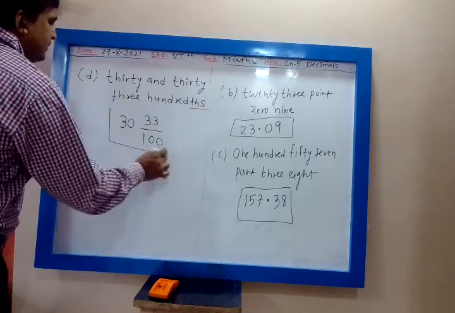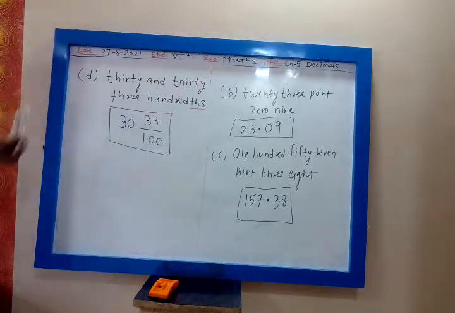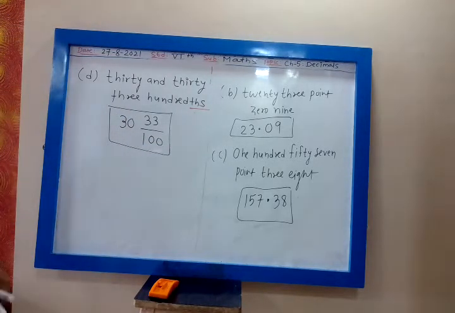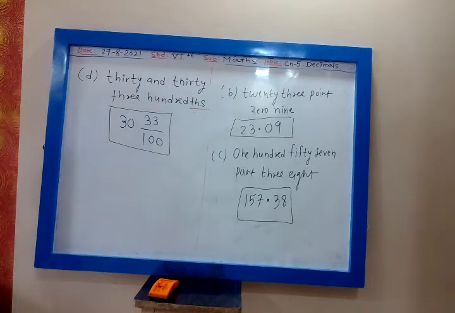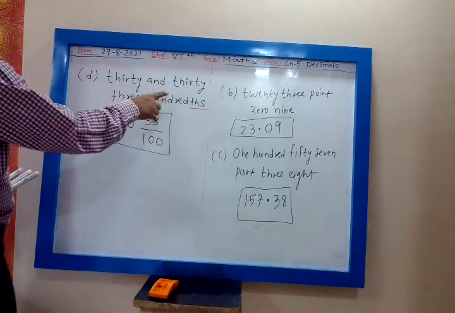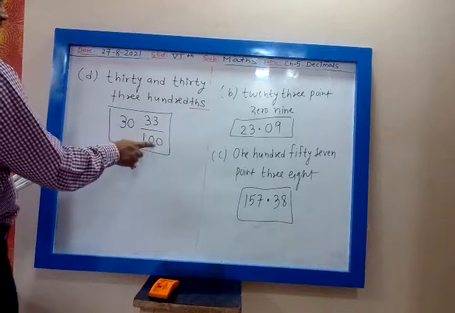This is the answer. This is a mixed fraction. Yes. Okay. Is it clear? 30 and 33 hundredths. THS, divide by 100.